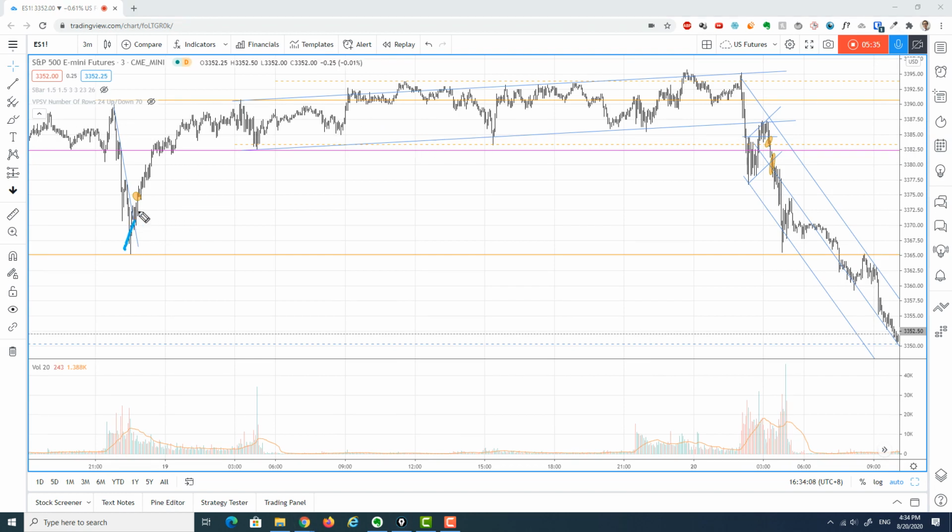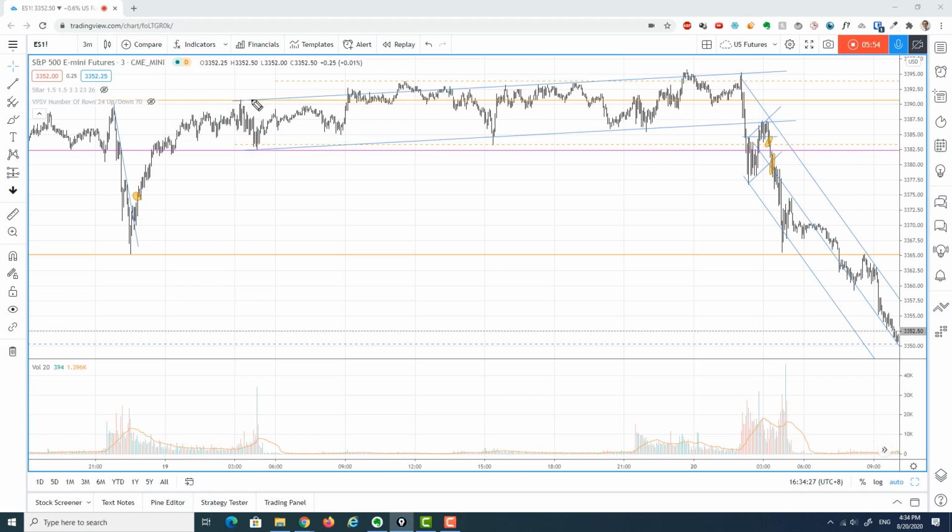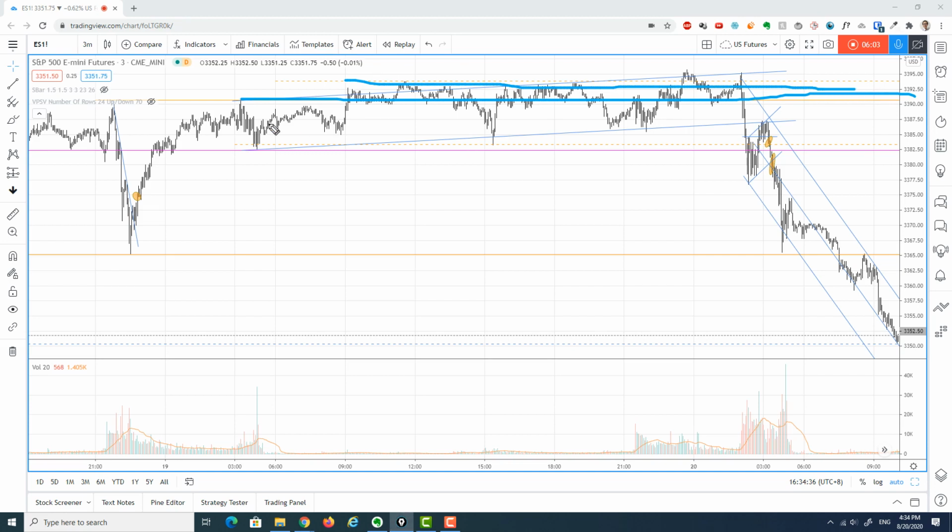Prior to that, we have this rally with fading momentum, followed by a change of character, and subsequently it just went into this trading range, but in an upsloping format. But it doesn't really matter. You can just draw it as a horizontal trading range like this, which is fine, and also this as well. So this is perfectly fine.